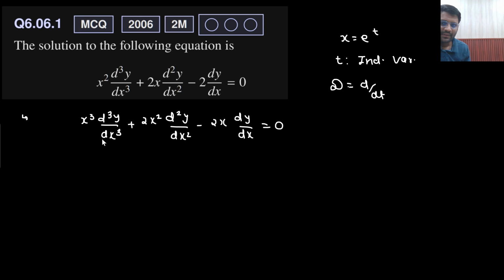What will be x cube d cube by dx cube? That will be replaced with d into d minus 1 into d minus 2, multiplied with y.